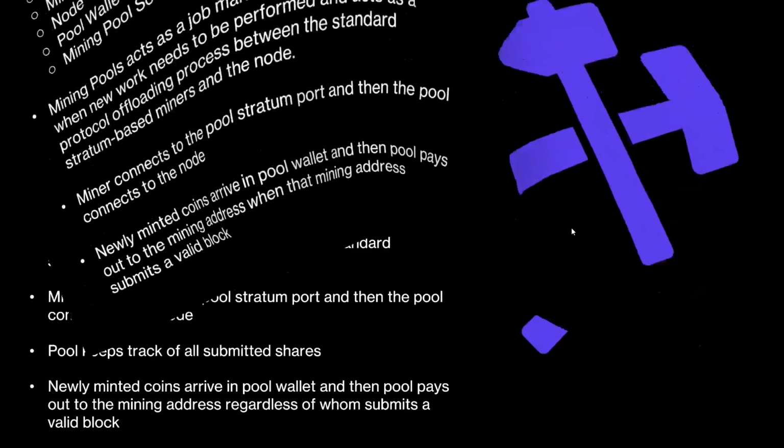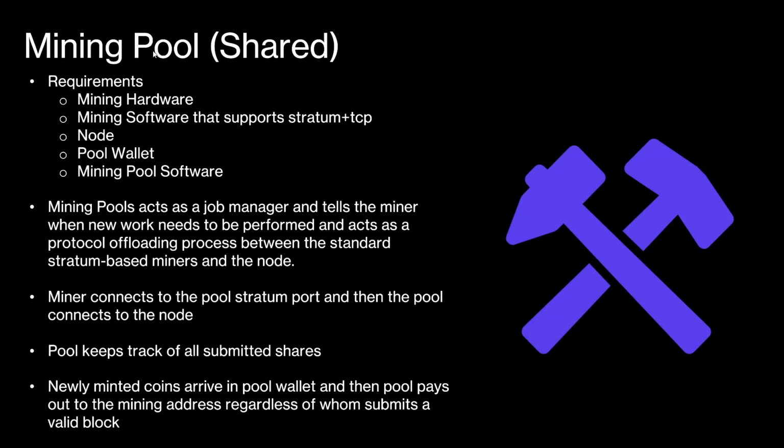And then if we talk about the shared mining pool, it's essentially the same thing, except shares are tracked by the pool. And then the newly minted coins, they'll hit the pool wallet. And then when the pool goes to pay out, it's going to look at those submitted shares that were tied to that block submission and pay it out proportionally regardless of whoever hit the block.